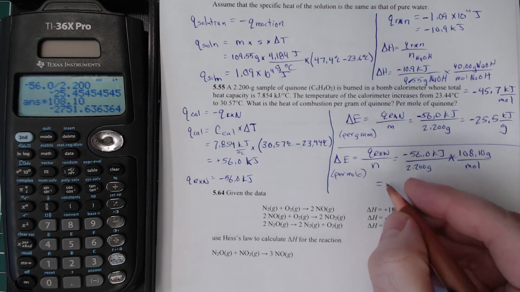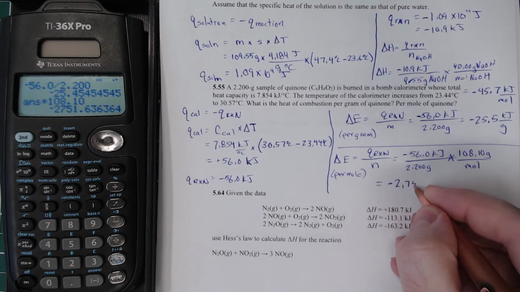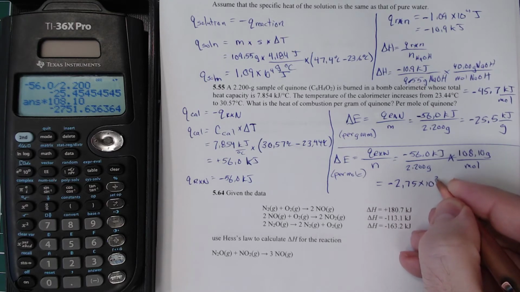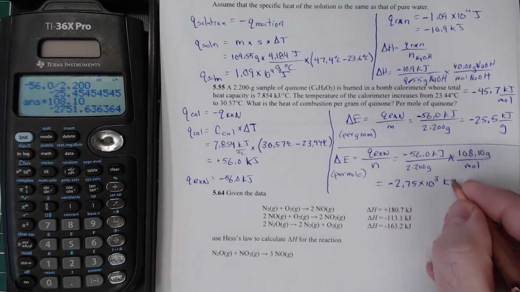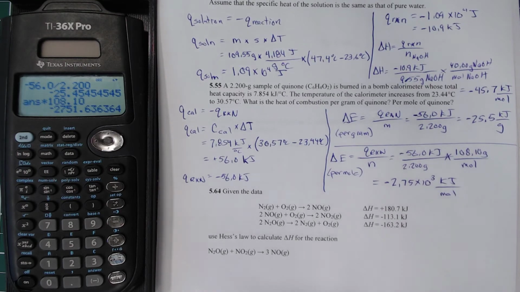With three significant figures, that's going to give us negative 2.75 times 10 to the third kilojoules per mole. All right, and that is how we do calorimetry.